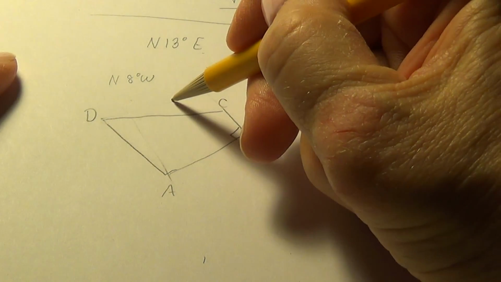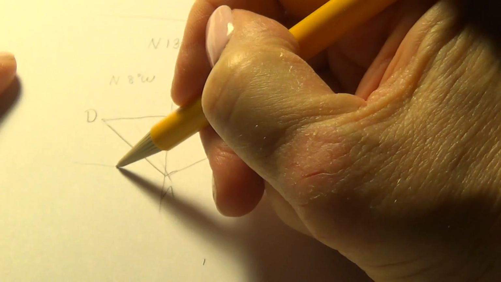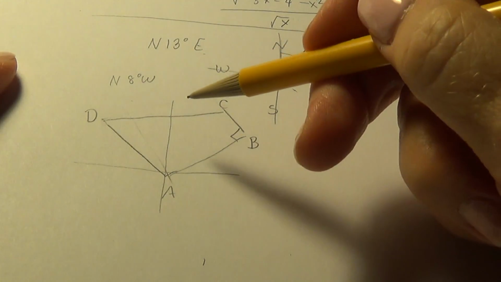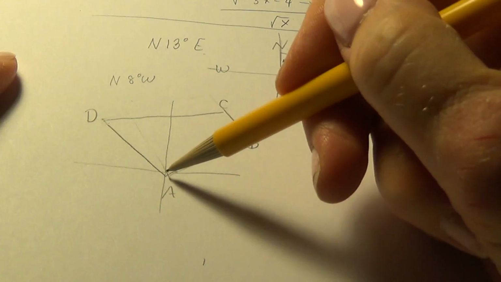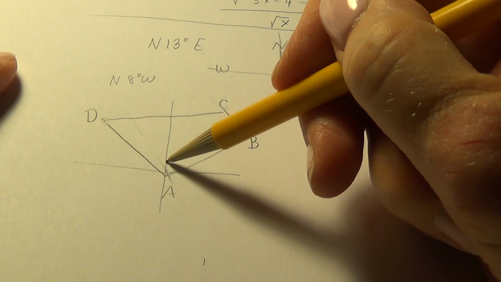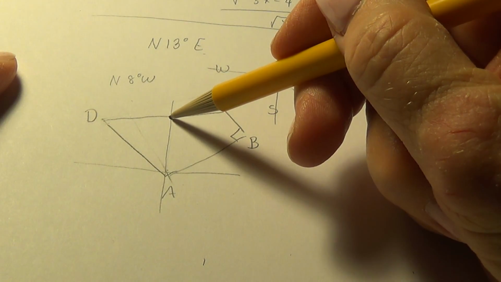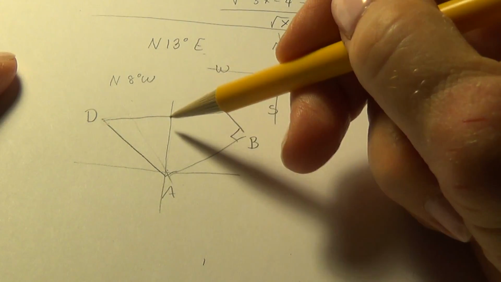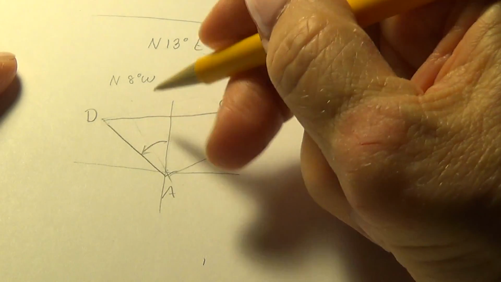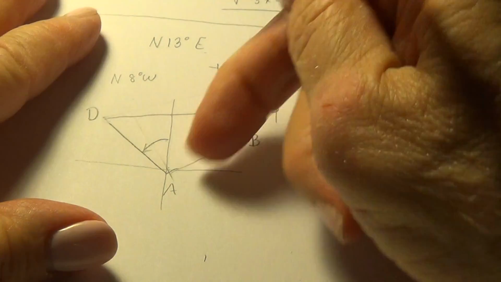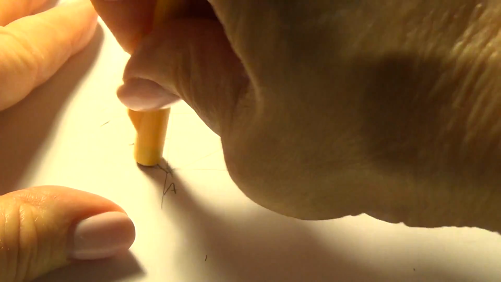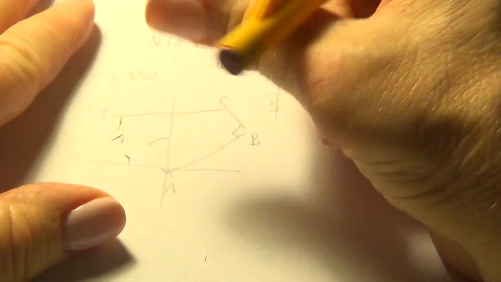So you have to create a grid, north, south, east, west grid. If you're going from A to D, you're going to start at A. You're going to go north to start, and then 8 degrees west. All right, this is not drawn to scale, so let me move this side so it's skinny.